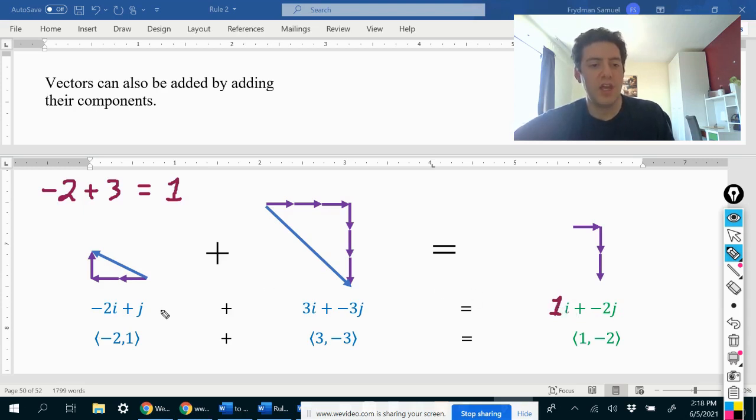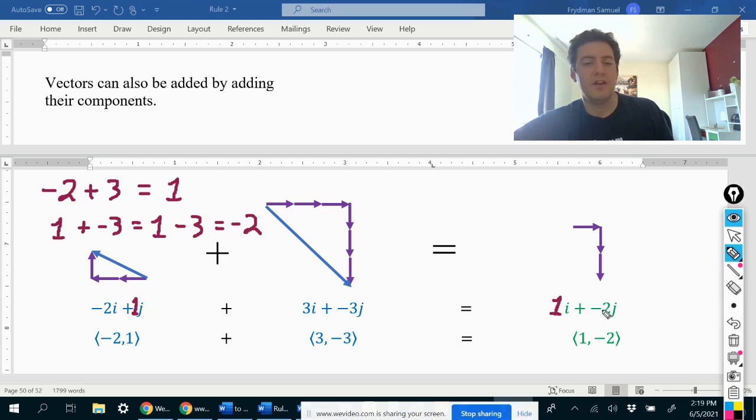And then for the j, look at the coefficients in front of the j's. The coefficient in front of this j is 1. You can see I did write it over here in the angle bracket notation. The coefficient in front of this j is negative 3. So if we do 1 plus negative 3, that's the same thing as 1 minus 3, which is negative 2. So the coefficient in front of the j for the sum vector should be negative 2.